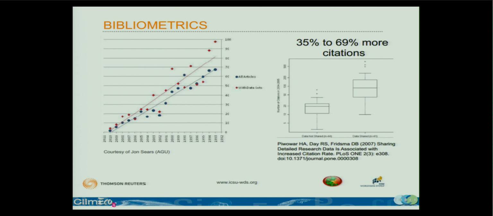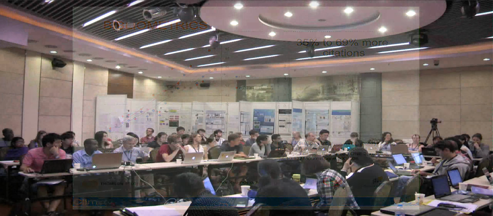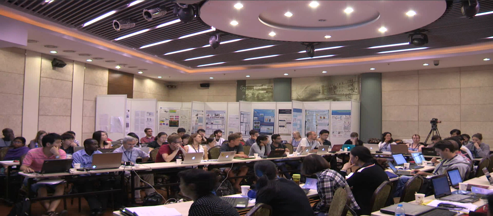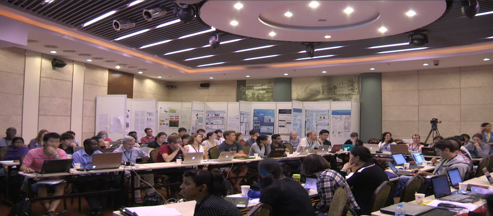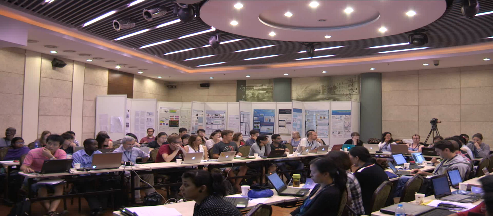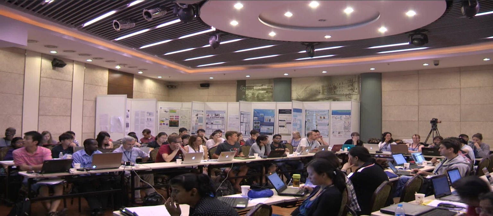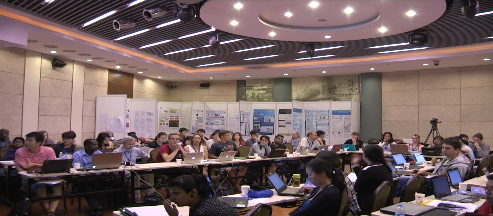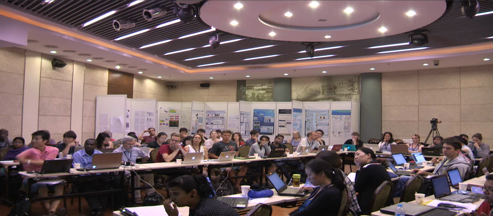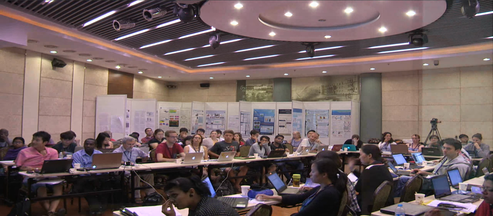Sorry, I'm just curious. Do you have the same analysis, but also looking at how many times the papers are cited, depending on whether they are published in open access journals or not? No, I don't have a figure on that. At least in Europe, we're starting to build that sort of analysis.